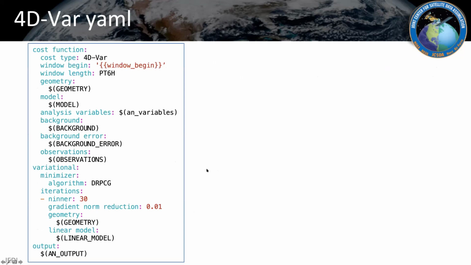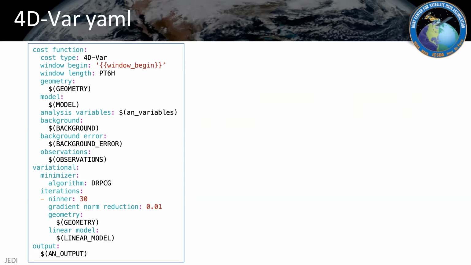So this is an example here of what a YAML file for 4D-Var looks like. And I've put this dollar parenthesis, these are actually longer sections of YAML that I've removed here for readability of this slide.